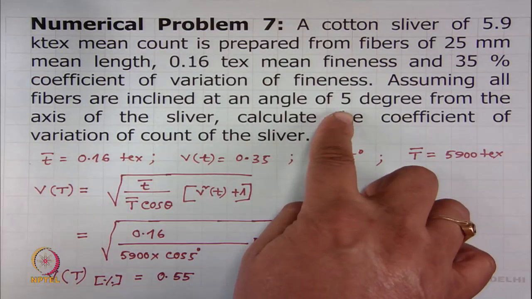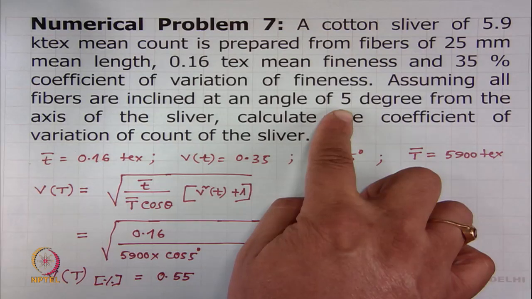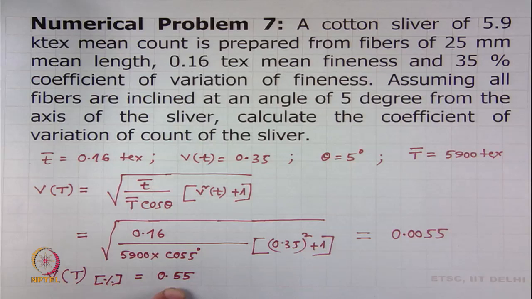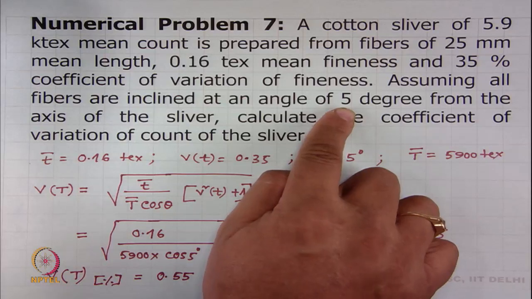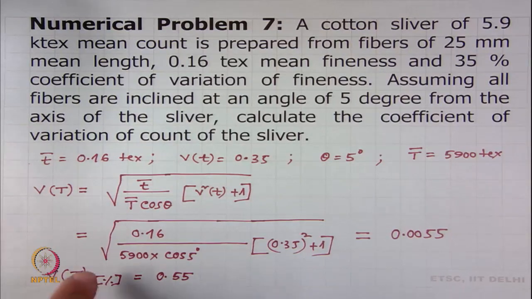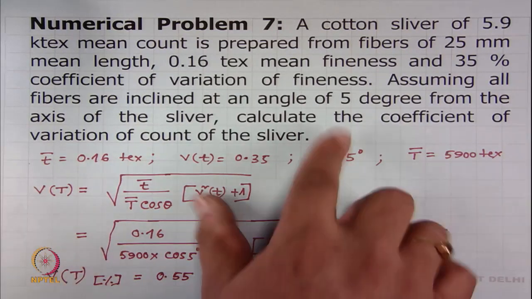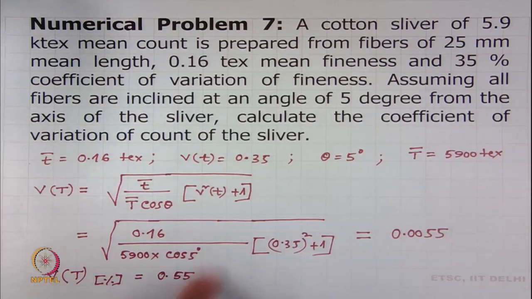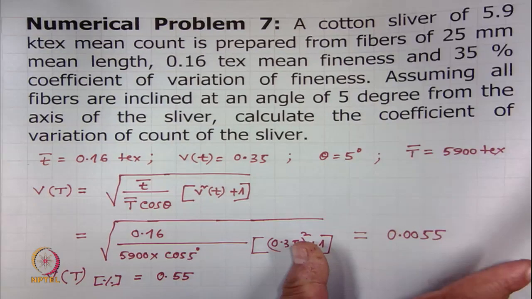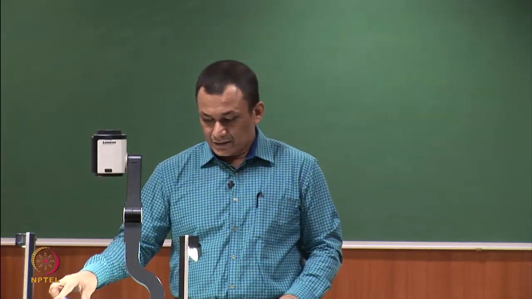Instead of 5 degree, if this value would have been say a little higher, 15 degree, 20 degree, then this value would have been higher. As the angle is very small, near to 0, so its impact on the mass CV of the sliver is not seen. However, if the angle will be higher, then this value will be higher, which will be different from 0.55. Right. So, problem number 7 is completed.